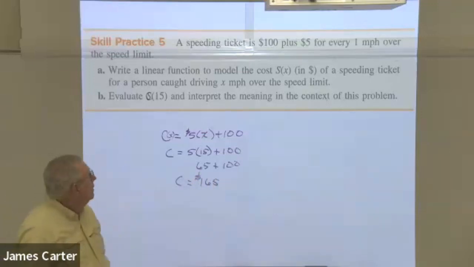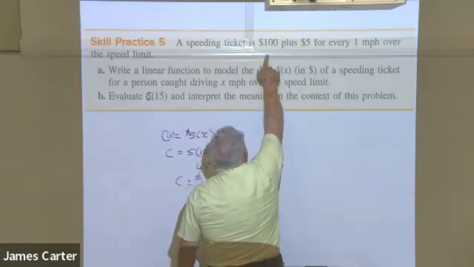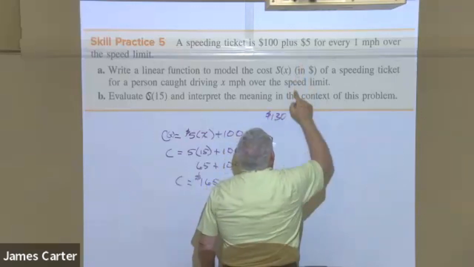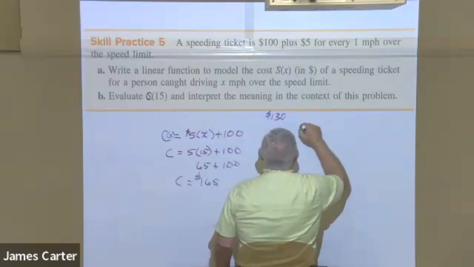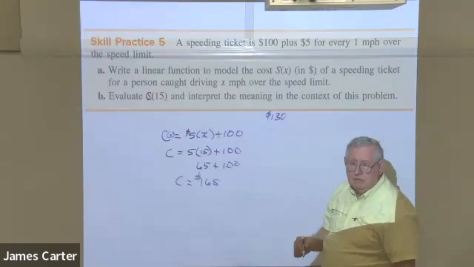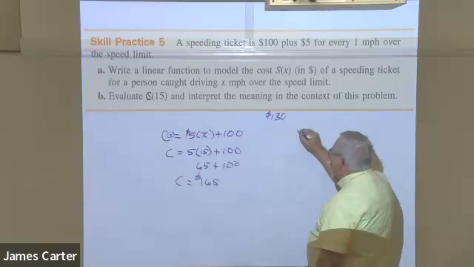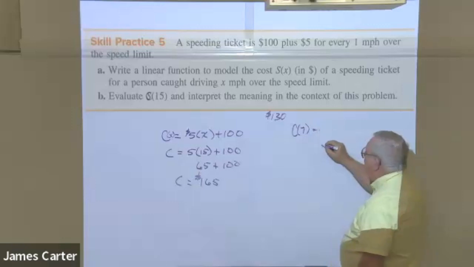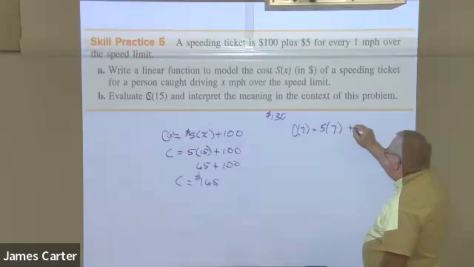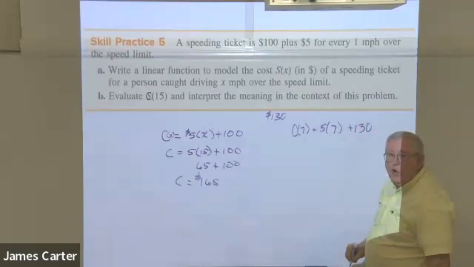In my case, that was 130, as I said. And the $5 was the same. And I was doing 7 over. So the cost of doing 7 miles over was $5 times 7 miles per hour plus 130 court costs, they call them.